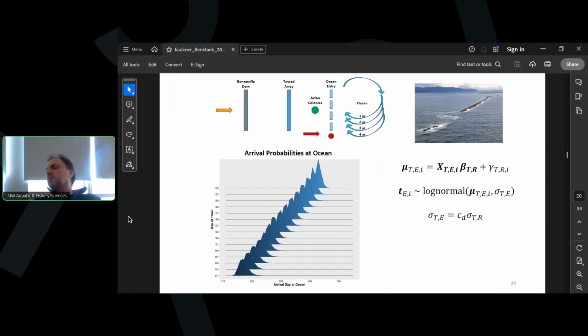So this travel time could probably be improved by using that, but what I'm doing is basically taking the migration rate or travel time model from Bonneville to the total array, adjusting it for distance and using the same covariates to estimate arrival probability at the ocean.